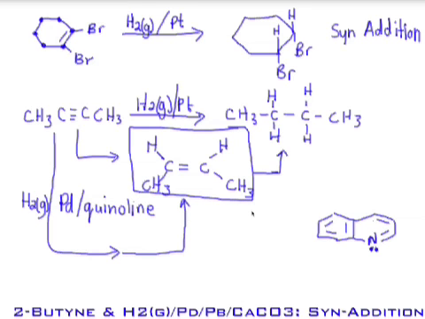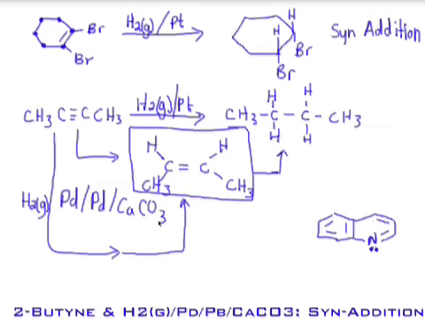Another reagent that would do this the same way is to use H2 gas, but instead of quinoline, we could use a palladium catalyst that has been poisoned by lead and calcium carbonate.